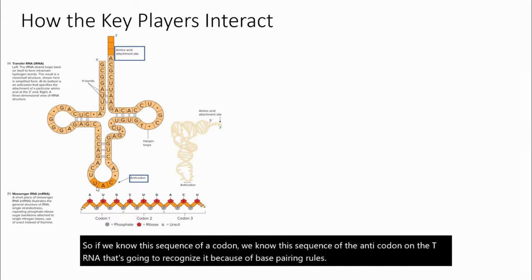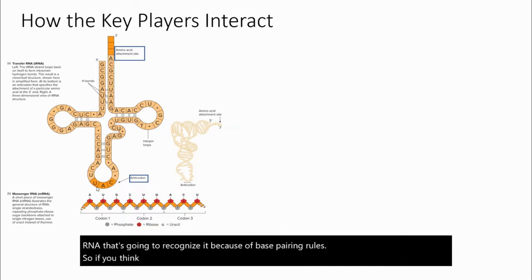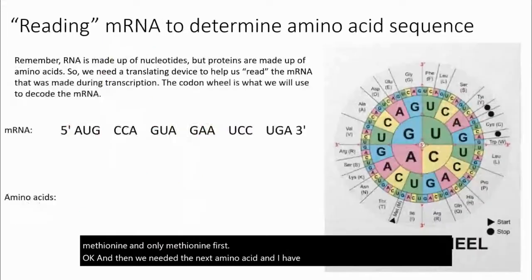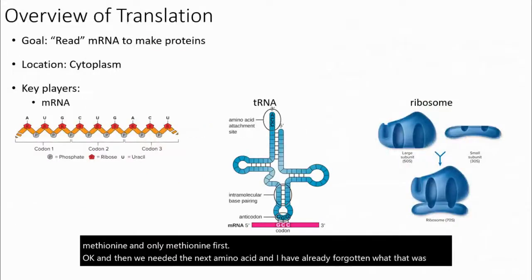Okay? So if you think back to my example that we did in the last video, remember we needed methionine and only methionine first. And then we needed the next amino acid, and I have already forgotten what that was. Let's see.